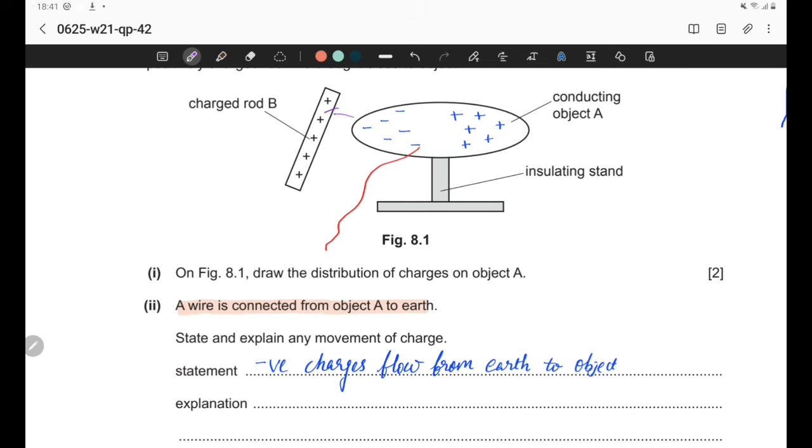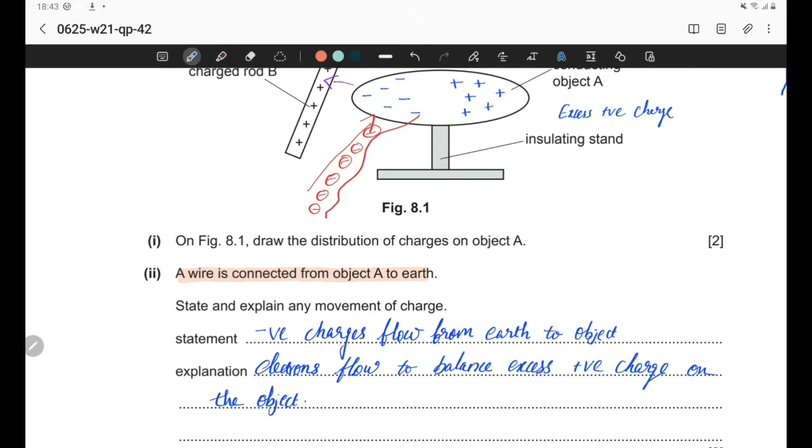So there will be excess positive charge in the object A. So the total charge of the object A will be positive. So in order to balance this excess positive charge, the electrons will transfer from Earth to this object A. So as explanation we can write, electrons flow to balance excess positive charge on the object.